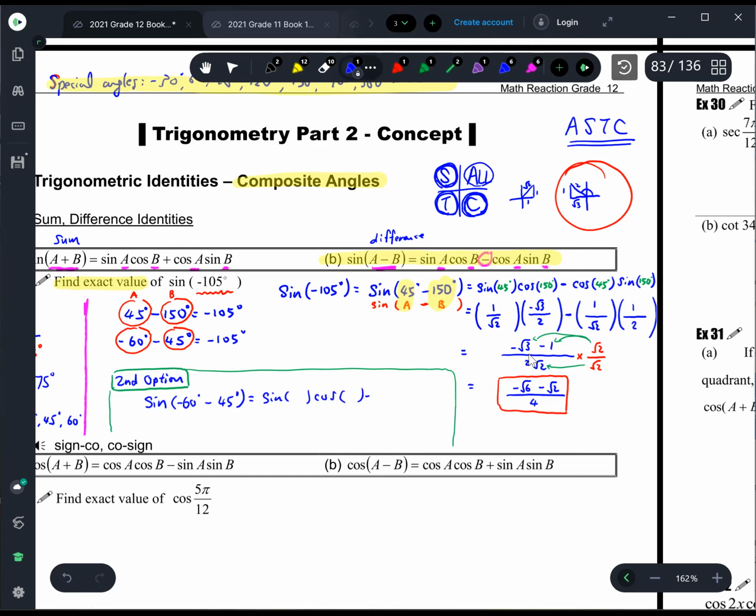We're still doing cosine, I mean, we're still doing the subtraction, but this time it's a different angle, right? You don't need to go all the way to the final answer. Just get to the point after you get the exact values, all right? So just another practice.